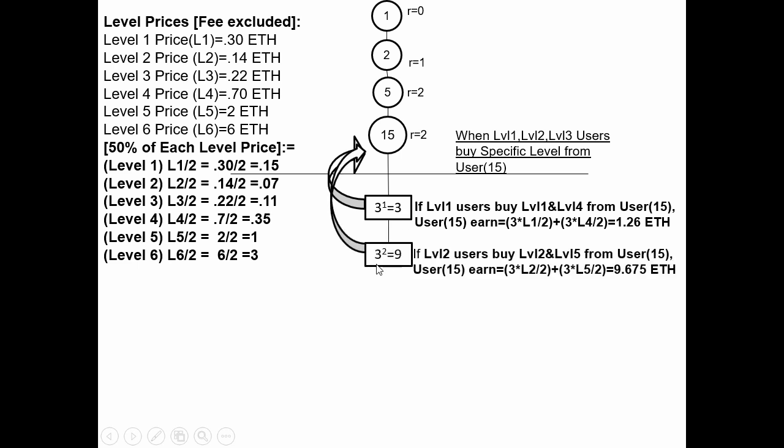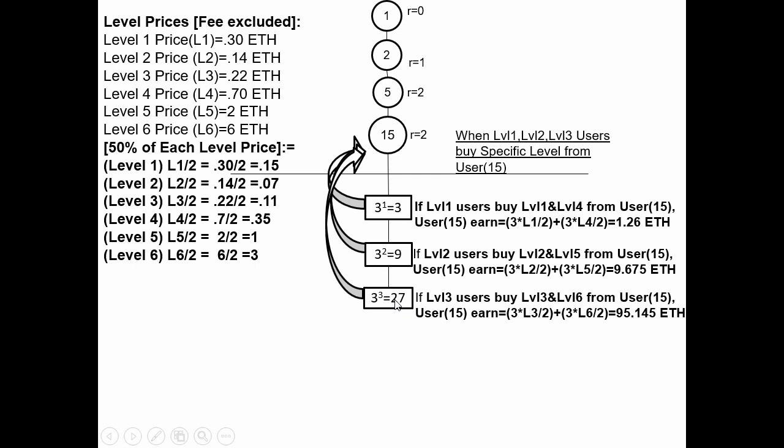Again, in the second level, a maximum of 9 people are possible. If these 9 people buy level 2 and level 5 from user 15, then he will get 9.675 Ethereum.